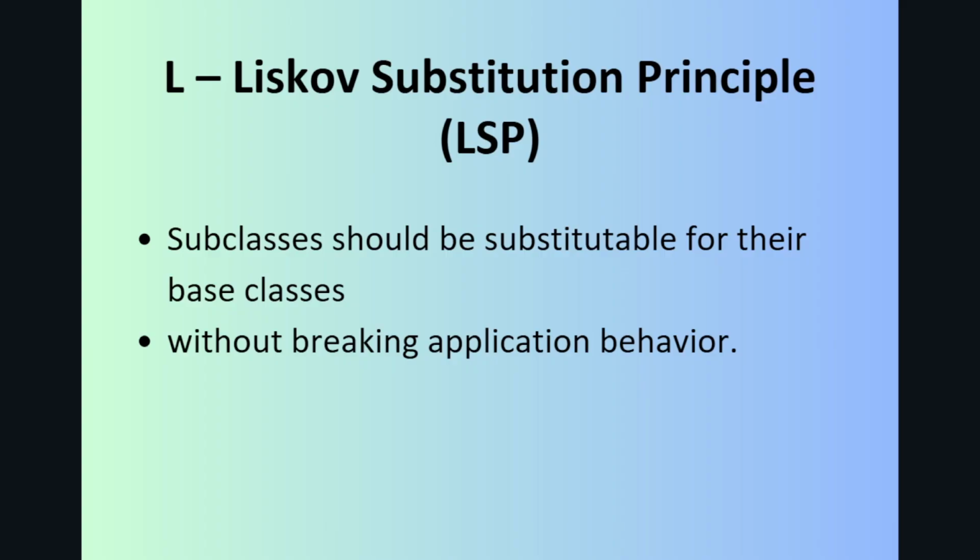When the client comes, you want only a phone and he sees the tab, mobile, everything. That is not required. No, you should not break application behavior. The child having the same things should be replaceable for the parent. Let's see this by example.